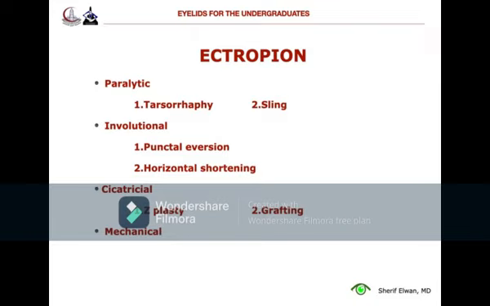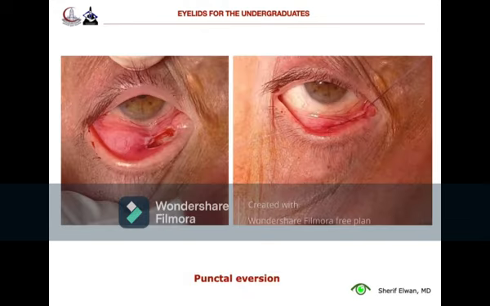Cicatrization, so as to cause ectropion, it must be in the skin, and this skin cicatrization may occur in burns in particular, and is treated by Z-plasty or by skin grafting. And finally, mechanically, masses in the lids may let it roll outwards.